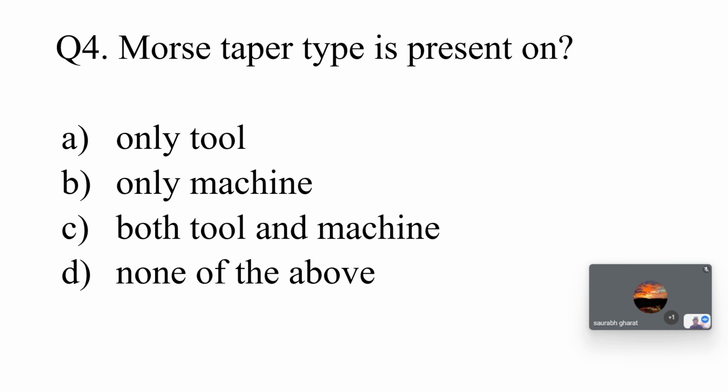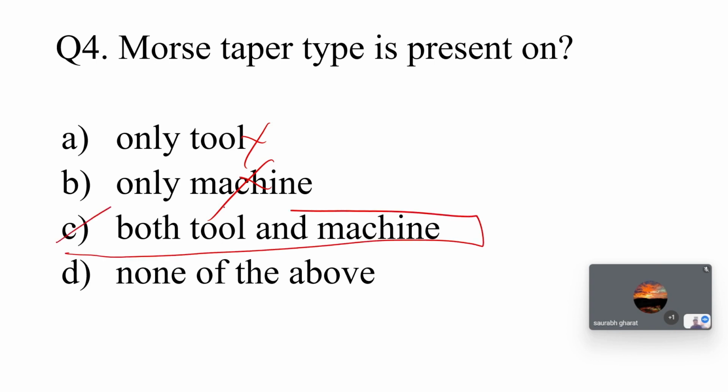Morse taper present on only the tool or only the machine is not right. So both is the correct answer. It must be present on both the tool as well as the machine. None of the above is again the wrong answer. You know this fact. So C is your correct answer.